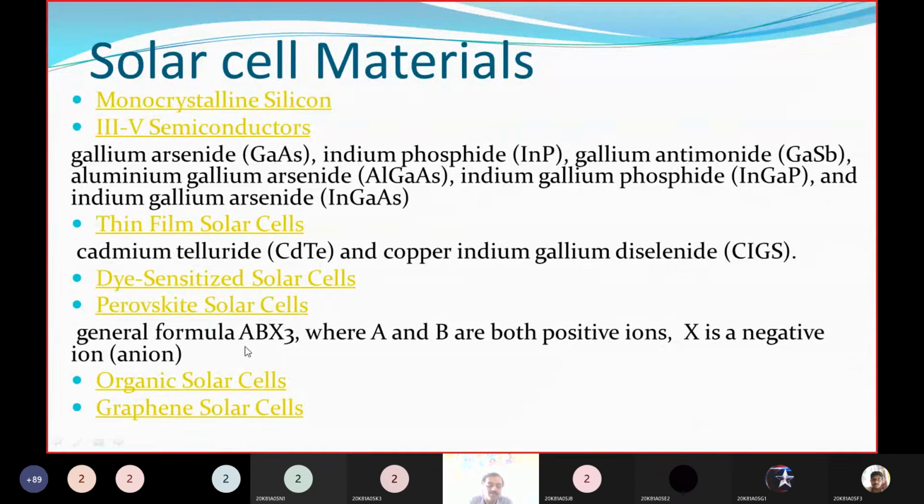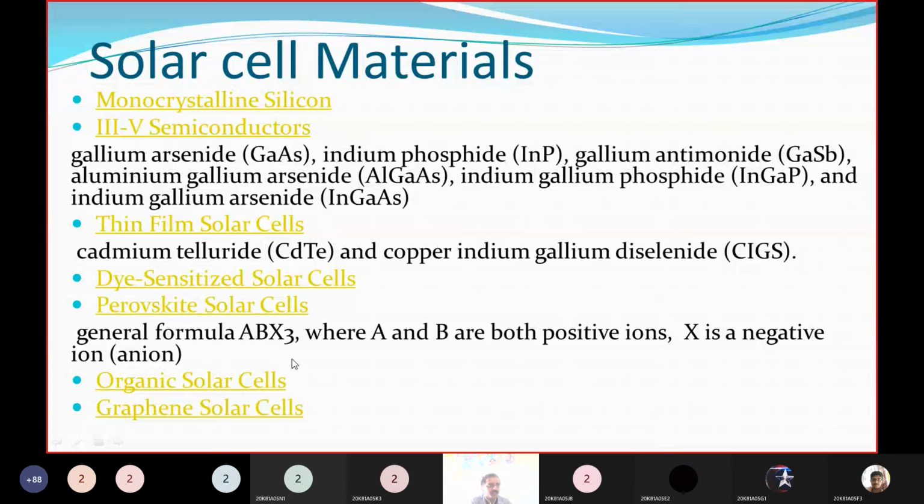The general formula of perovskite material is ABX3, where A and B are cations. Cations are nothing but positive ions. X is the negative ion, that means anions.